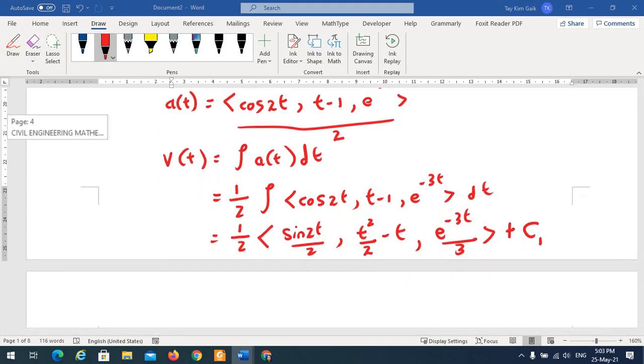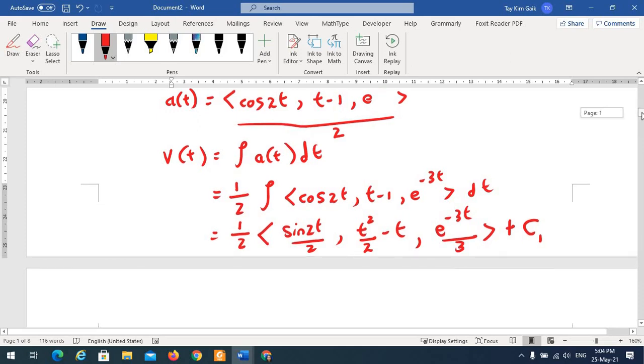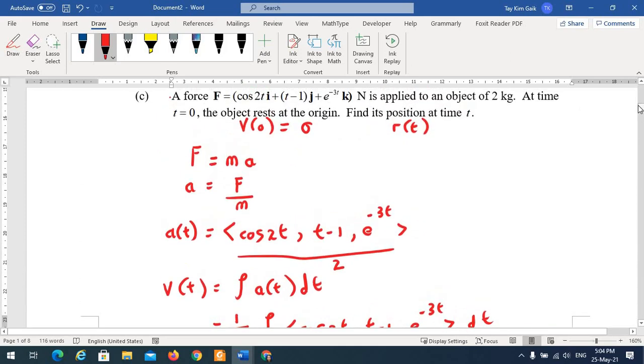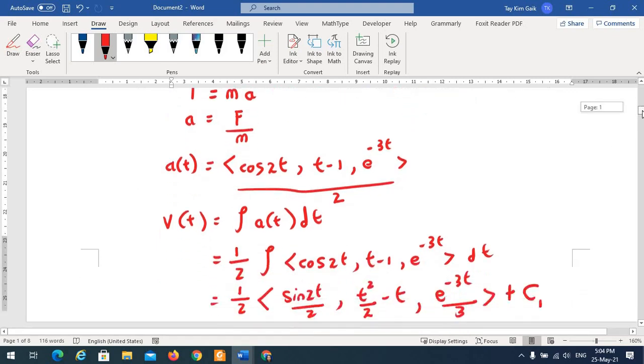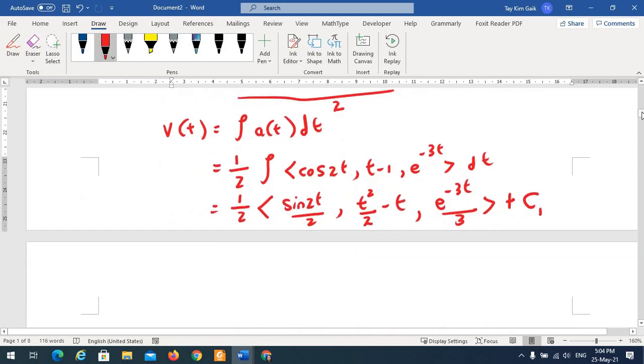To get c1, you must have the initial condition, which is that the object is initially at rest. The velocity is also a vector, so this can be put as the vector 0, 0, 0. When t equals 0, your velocity vector components i, j, k are all 0. We put in t equals 0, so we have v(0).